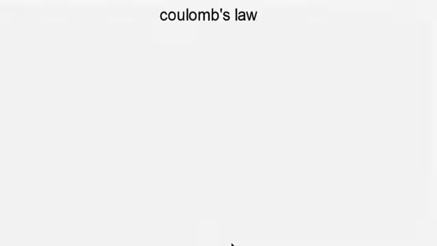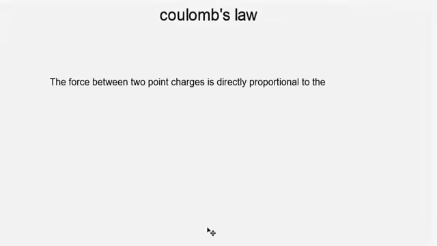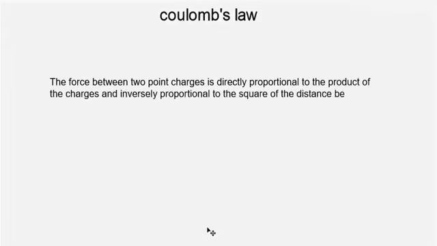So let us consider Coulomb's law. Now Coulomb's law states that the force between 2 point charges is directly proportional to the product of the charges and inversely proportional to the square of the distance between them.